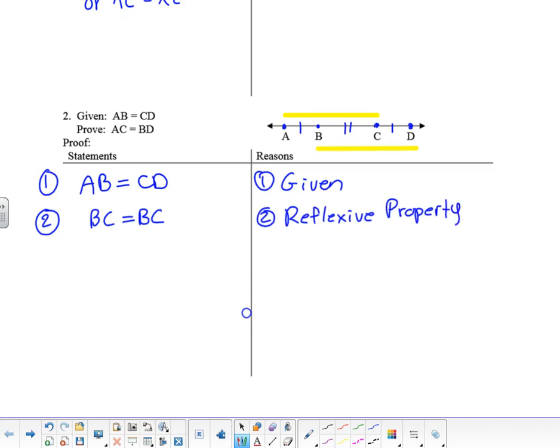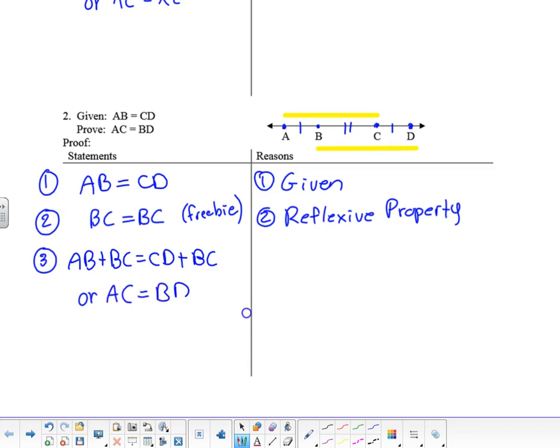So the first one was given. The reflexive property is something we see from the diagram, so we call these freebies. You don't have to write freebie there when you do an actual proof, but that's just a term we use to help you know that it didn't have to be a given thing. We can just get it from the diagram. And so now we're going to do the same thing. We're going to do AB plus BC equals CD plus BC, or the result, which is AC equals BD.